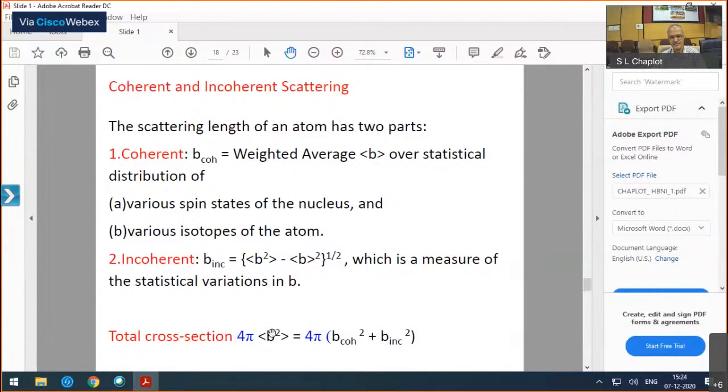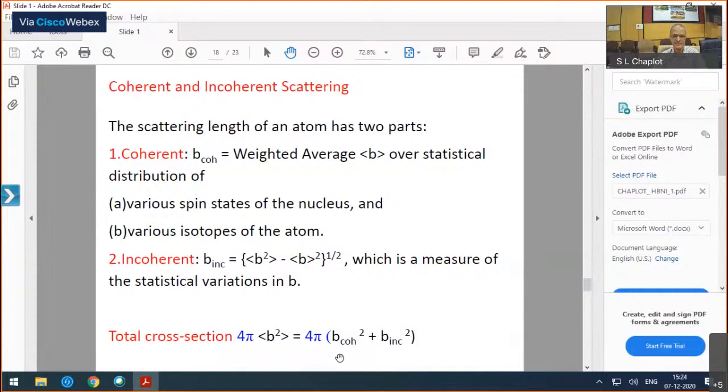In fact, if I add the two, the coherent square and incoherent square, then the coherent scattering length is the average b, and the individual atoms' values are b, so the total cross section is the sum over the average of the b squares, and this has two parts: the coherent component and the incoherent component.